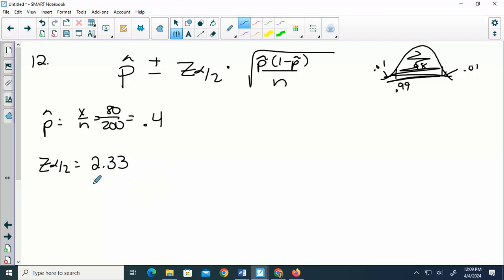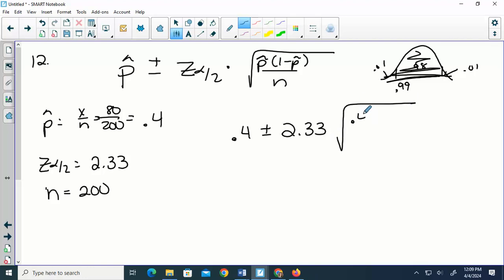All right, and then we have our p hat. We know our n was 200. So we're ready to do our formula. 0.4 plus or minus 2.33 times the square root of 0.4 times 1 minus 0.4 over 200.